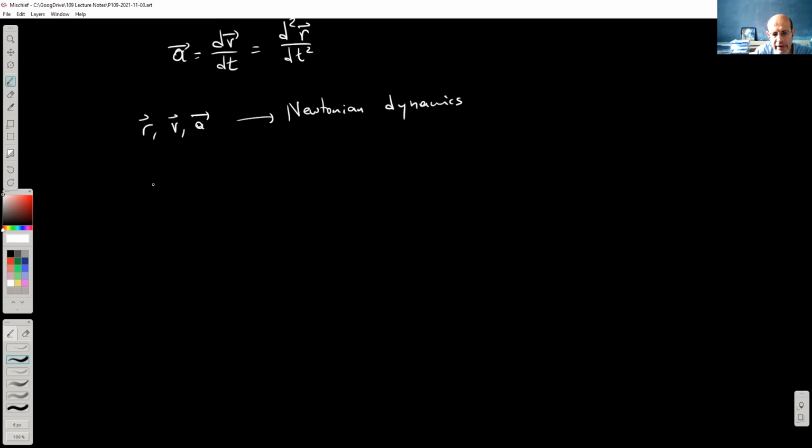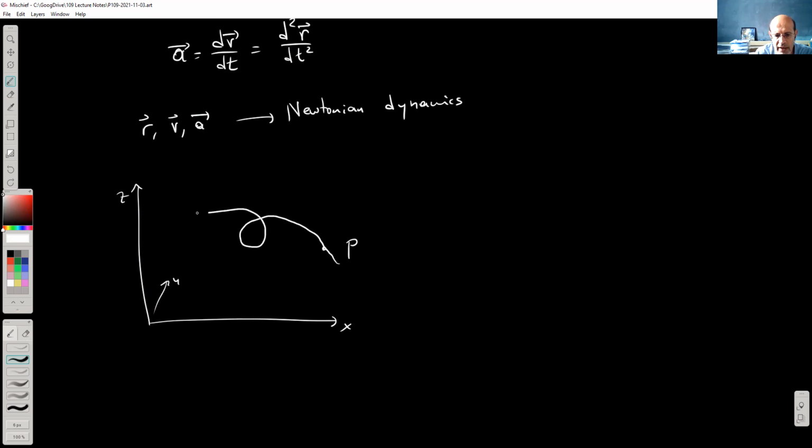So let's say it like this. This is the reference frame, X, Y, Z, right? So this is the particle whose motion I'm looking at. This particle moves around, right? So as a result, you can think that it is drawing a curve in space.